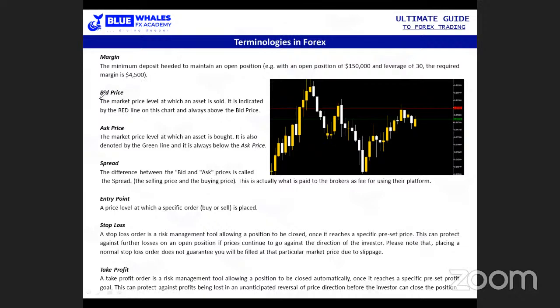So when you're talking about bid price, you're talking about this line. All right. So that's bid price. You have the ask price. So quick one, very quick one. Let me just do this quickly and we continue.